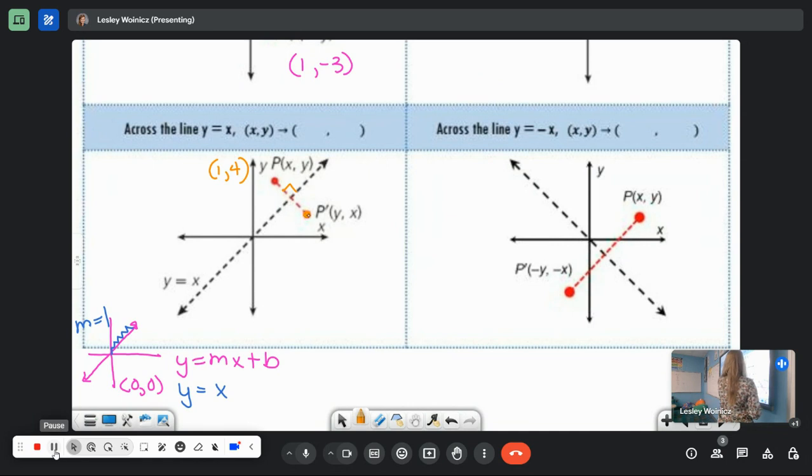So where does that put my P prime? How much to the right? 4. How much up? So what happened to my X and Y coordinates? Yeah, they just flip-flopped. Whatever I put in for my X is going to end up being my Y coordinate. Whatever I put in for my Y is going to be my X.